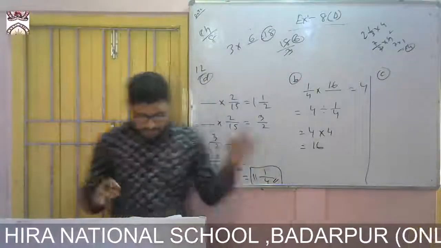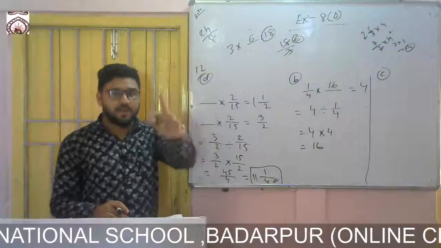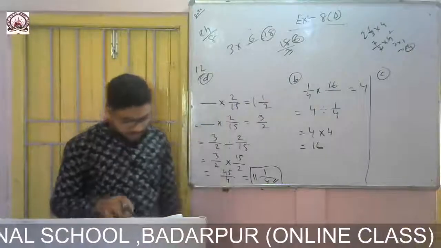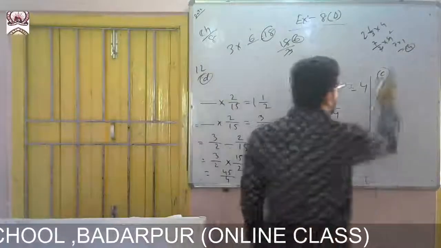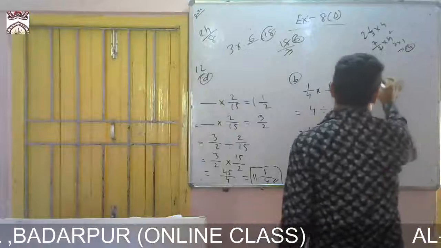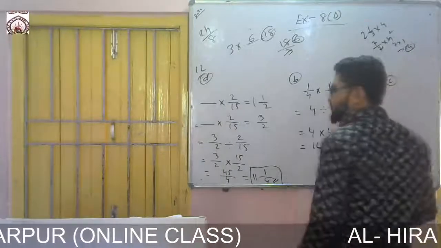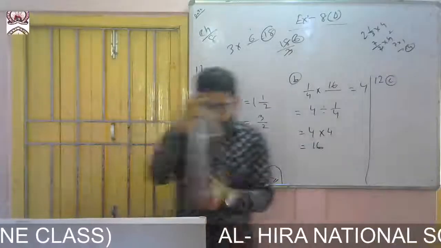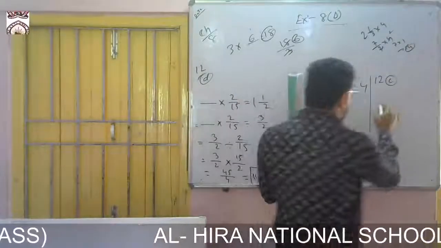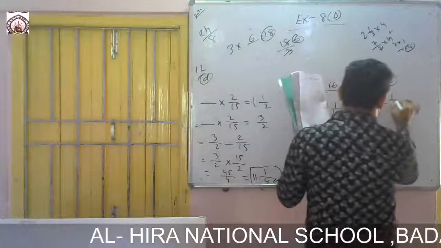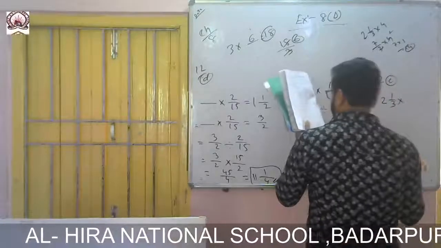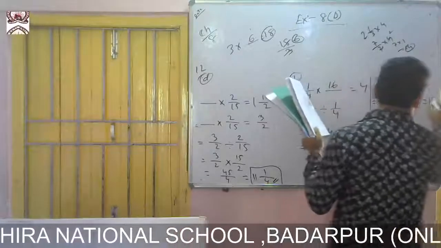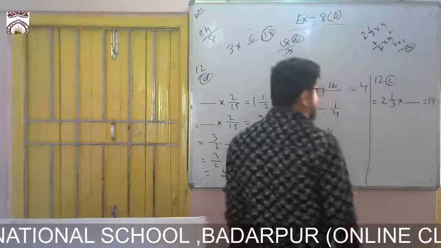So come to question number 12C. Once again, you correct 12C. 2 1 by 3 into dash equals 14.